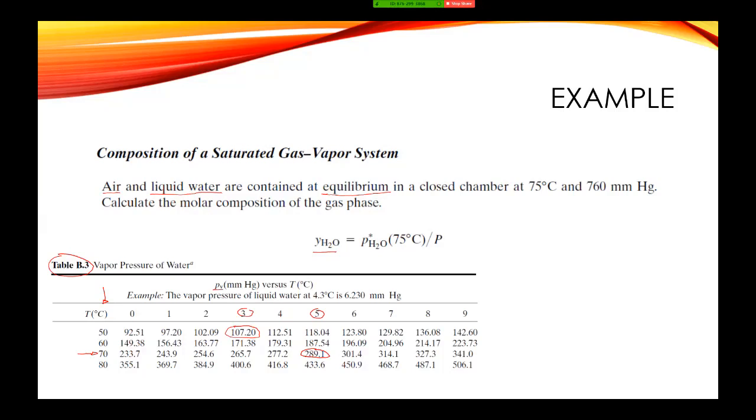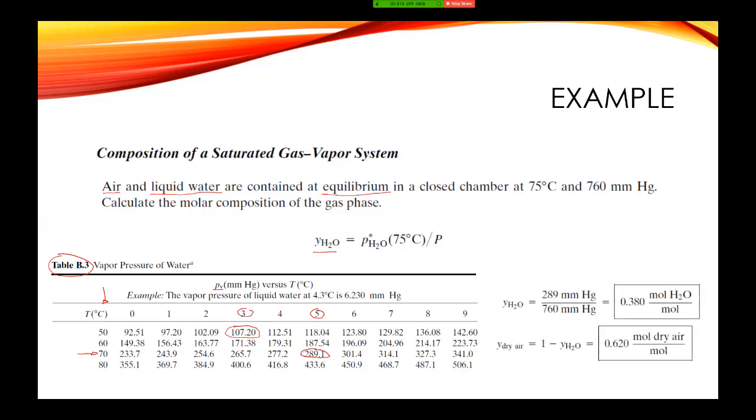With that value, we can obtain the molar fraction of water in the air, in the gas phase. We need the ratio between those 289 millimeters of mercury from the table and 760 millimeters of mercury from the problem, atmospheric pressure. That gives us that the molar fraction of water at 75 degrees and 760 millimeters of mercury is 0.38.